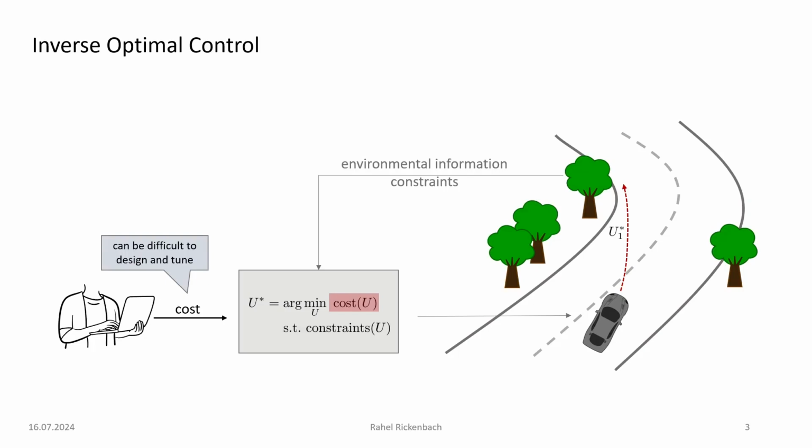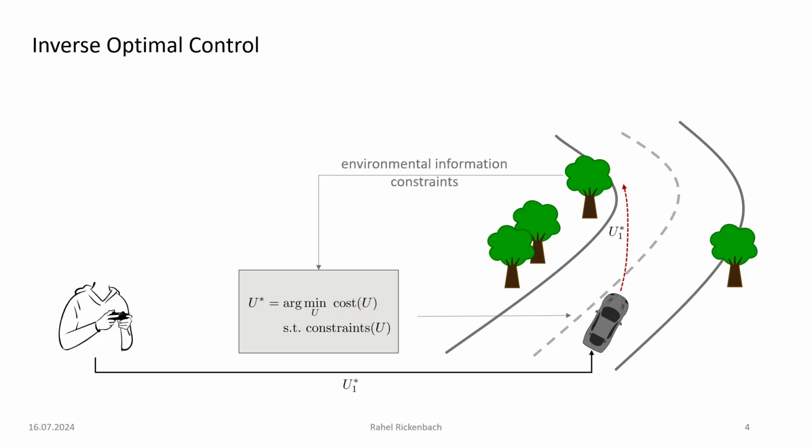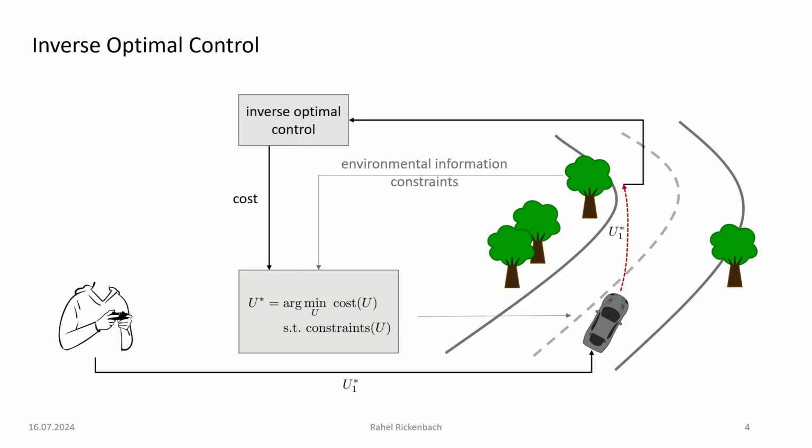To address this issue in situations where we have access to some optimal demonstrations, provided from a human demonstrator or from other sources, the field of inverse optimal control provides us with tools that allow us to estimate this cost function or some parameters of it from those optimal demonstrations.